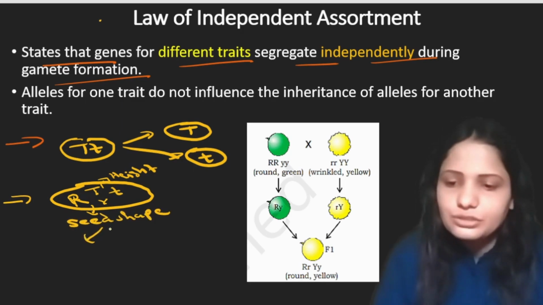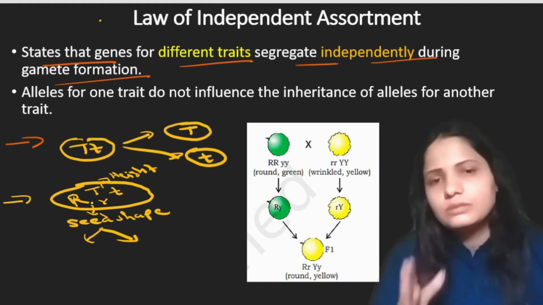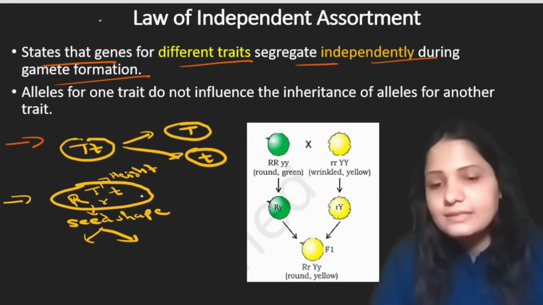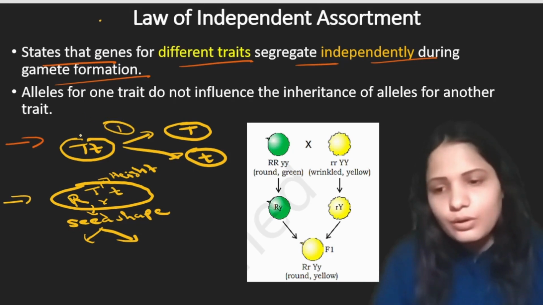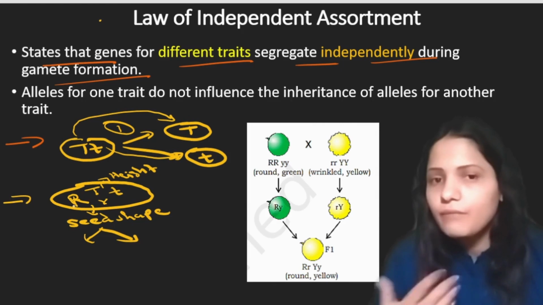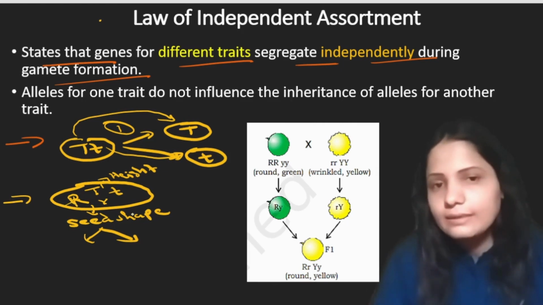During gamete formation, what will happen? How will these two traits segregate? How will these alleles segregate during gamete formation? For a single trait, we know that each allele will be transferred to a different gamete. Alleles are separated. Now if we have a condition in which we have more than one trait, in this case we have an allele of seed shape and an allele of height.